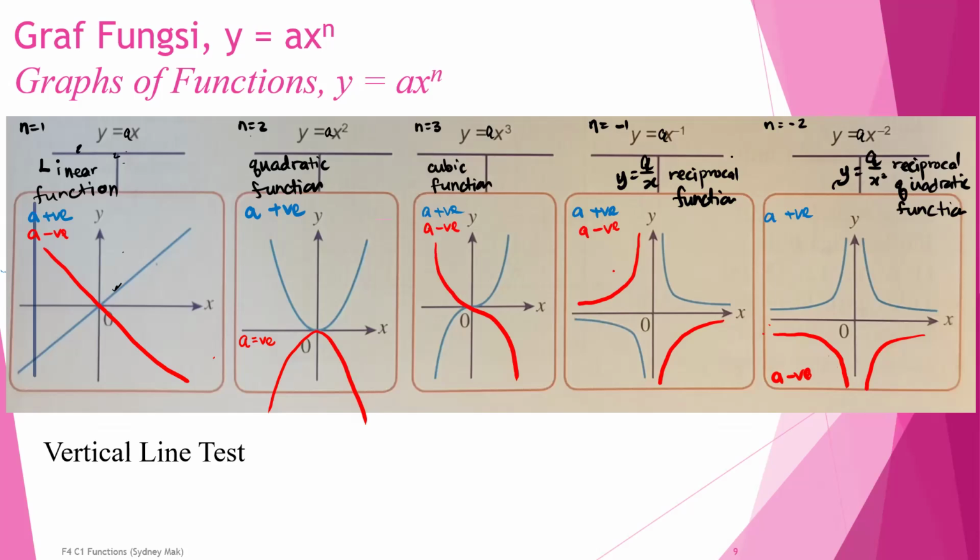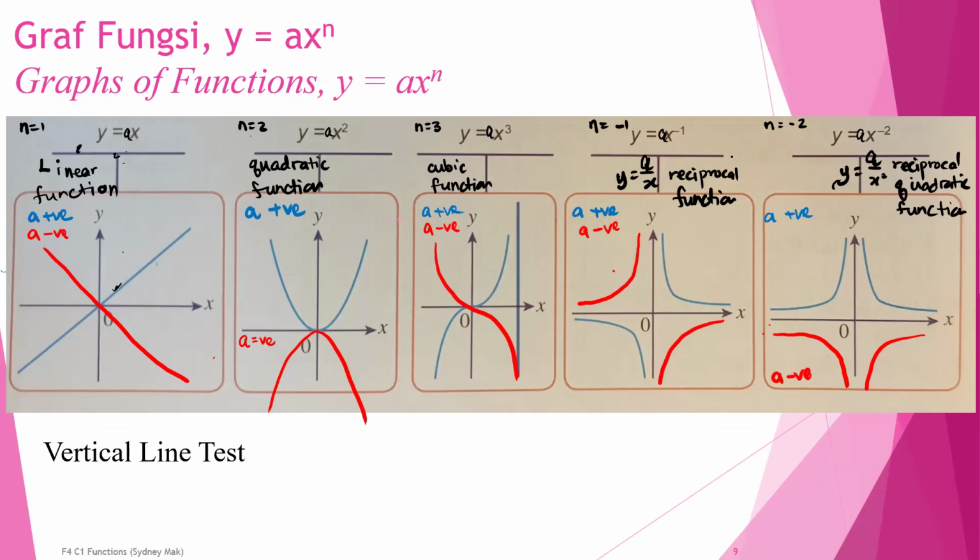Okay, as you glide your vertical line across the graph, take note. You look at the blue lines and the blue lines only, and ignore the red lines that we added on after that. You always touch the blue line at any time at only one point. Can you see that? We call this the vertical line test.